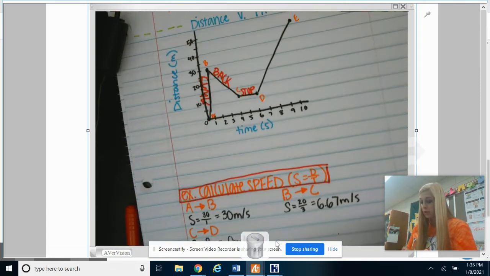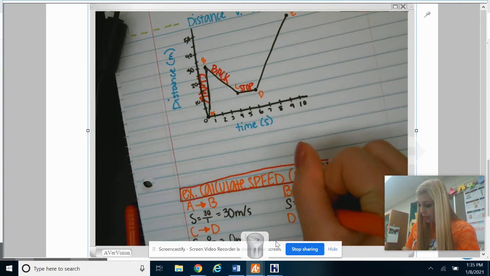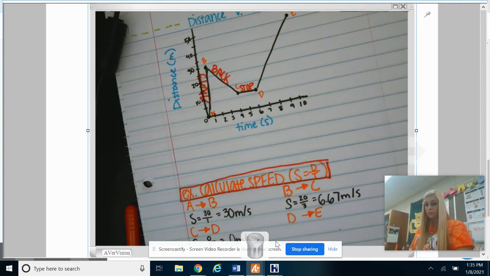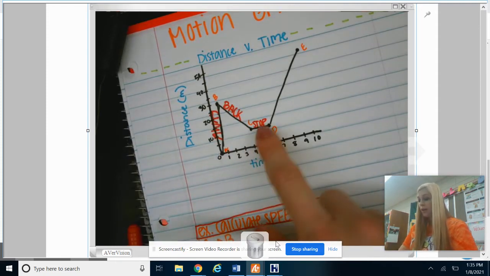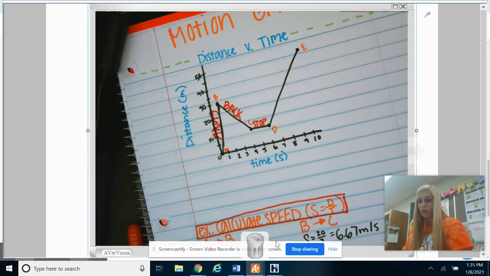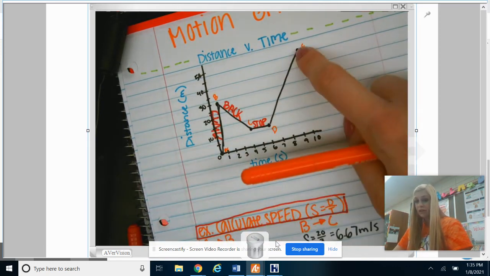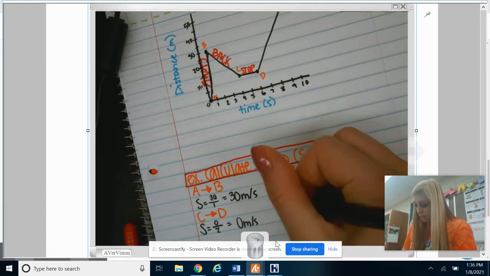Okay, last one. Let's go from point D to point E. At point D, we were at 10 meters. At point E, we were at 50 meters. So overall, we went from 10 to 50. That is a change of 40 meters.